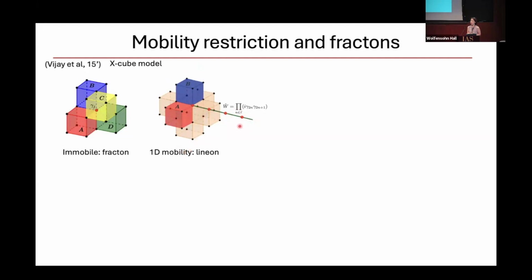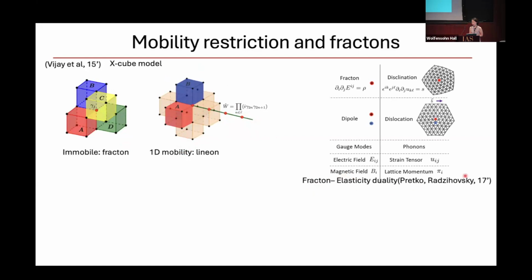So that was called lineon. Now, these models are ingeniously engineered, which is really remarkable and interesting. But at the same time, because they are ingeniously theoretically engineered, especially this being 3D, you can imagine it being pretty hard to try to find it in a real system.